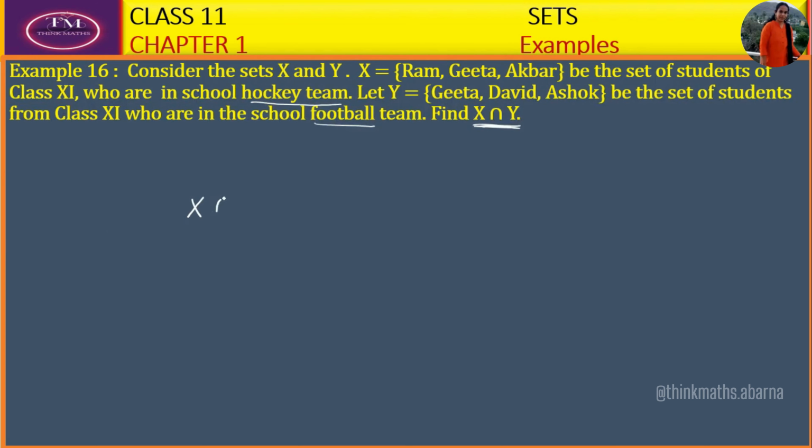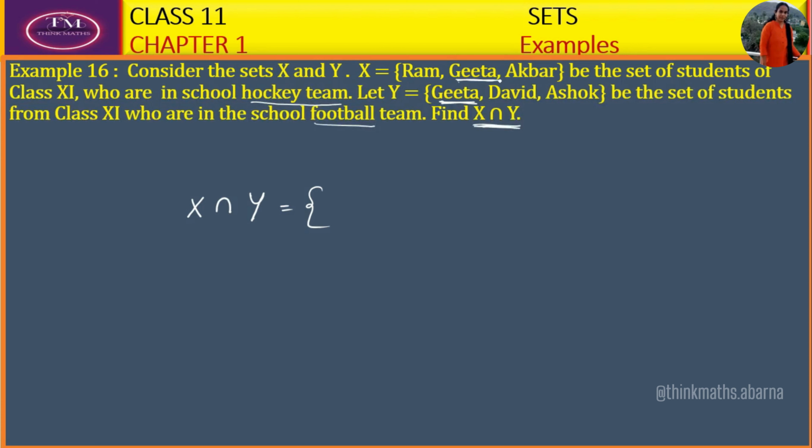In the 14th example, we formed X union Y for the same sets X and Y. Here X intersection Y. Who is common here? Yes, you all know that it is Geeta. Because in the 14th example, we wrote Geeta only once as she appears in both the teams.